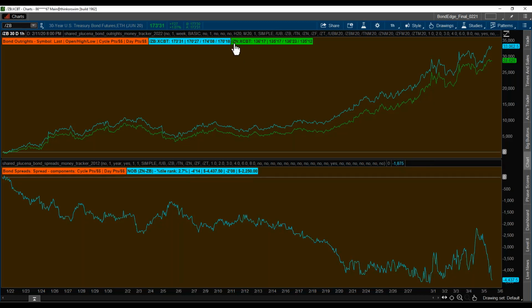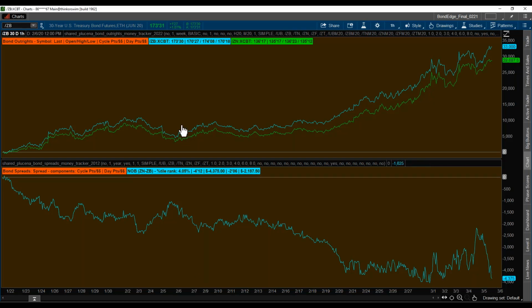Up here, ZN against ZB. These two charts are identical. You see the ZB blue, green ZN. Look at the difference. It's up 33,000. This one is up 28,000. So the spread is trading 5,000. And we want to look at the spread.